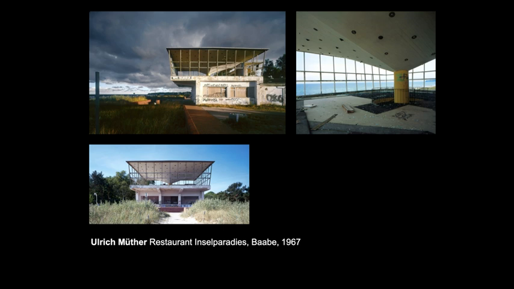And I'd like to show you some examples now. This restaurant, the so-called Inselparadies, Island Paradise, on the island of Rügen in Baabe. On this picture you can see the situation in the 1990s and the early 2000s. Now I heard and read that it is reconstructed and recovered and is used as a restaurant again.